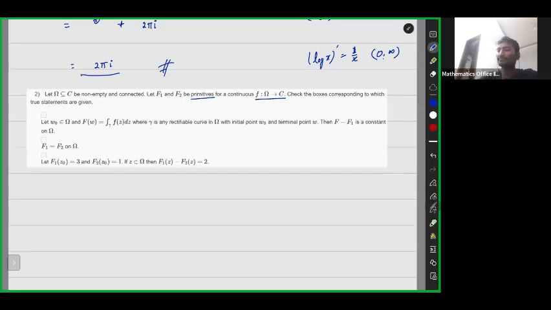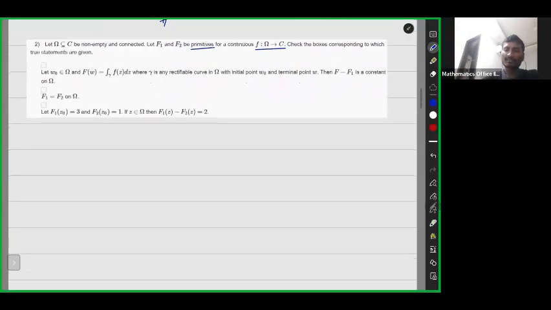A primitive is just another name for an antiderivative. This is what is meant in this question: a primitive for f is an antiderivative of f. Assuming that, we can see what is in the question.